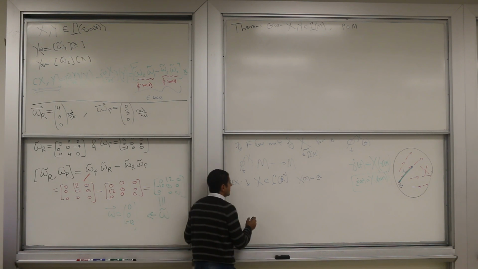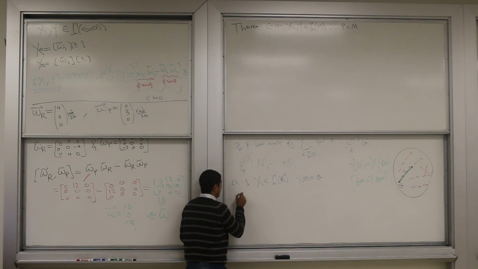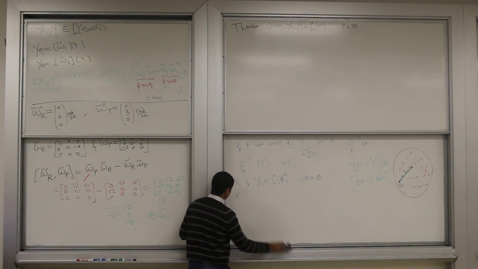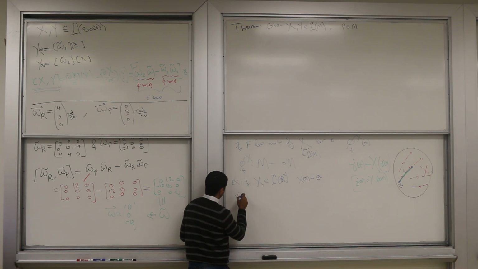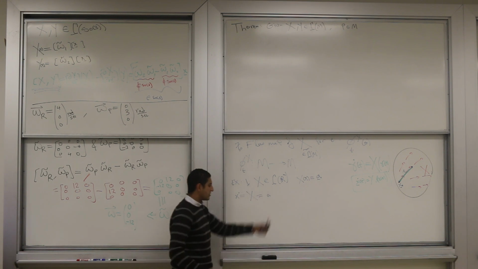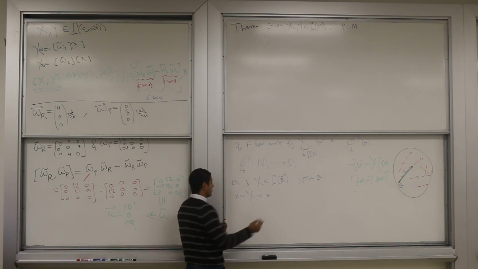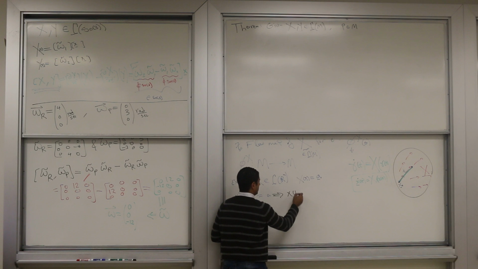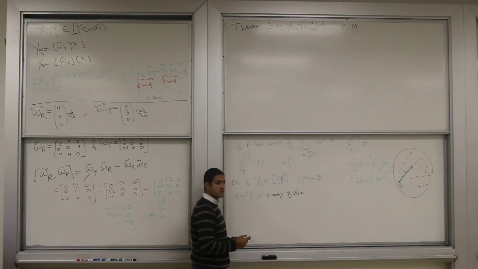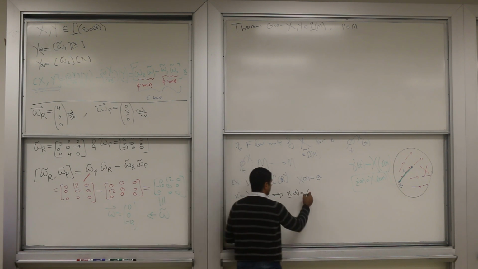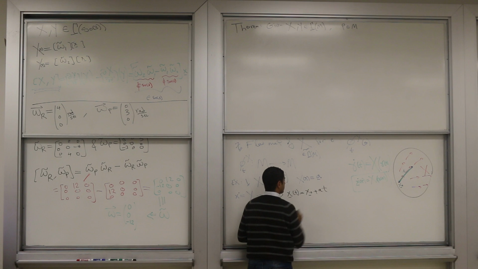Please solve the differential equation x dot equals large X, which is A. Can we solve this differential equation? Little x dot equals A constant. What's the solution? What's x of t? Your initial point plus At, right?